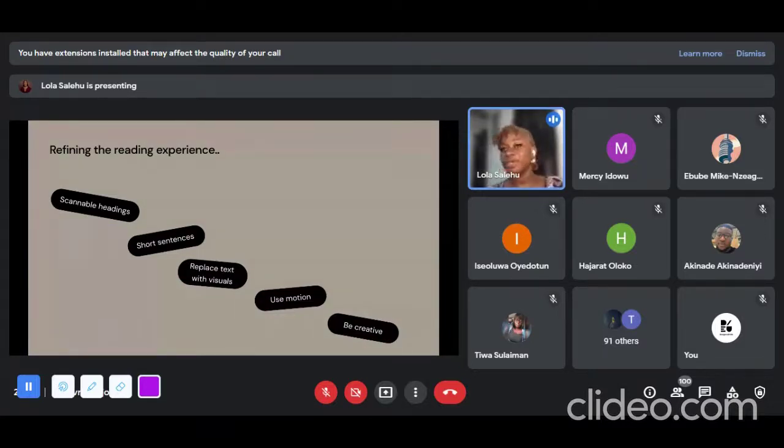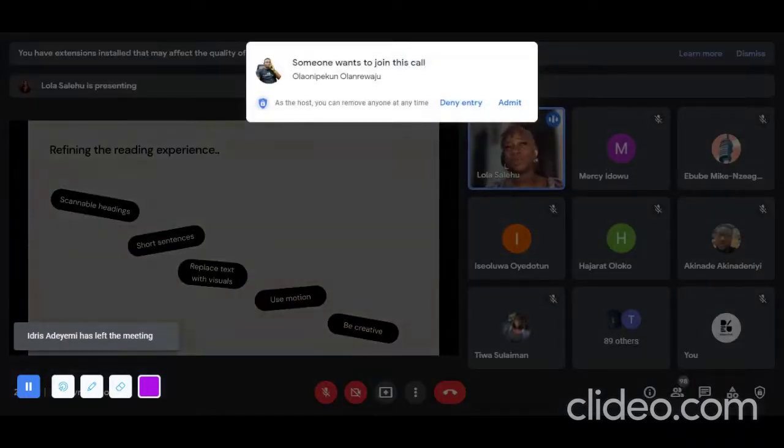So maybe for your research, instead of being very predictable and saying, oh, research, you can say understanding how users use the product, or learning more about the people who use it. You can just be creative, but make sure that the heading is scannable.